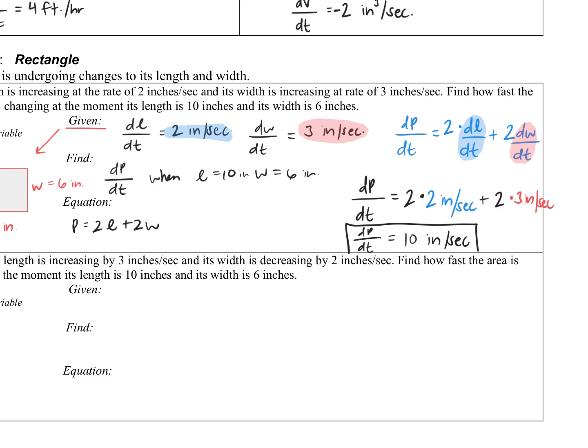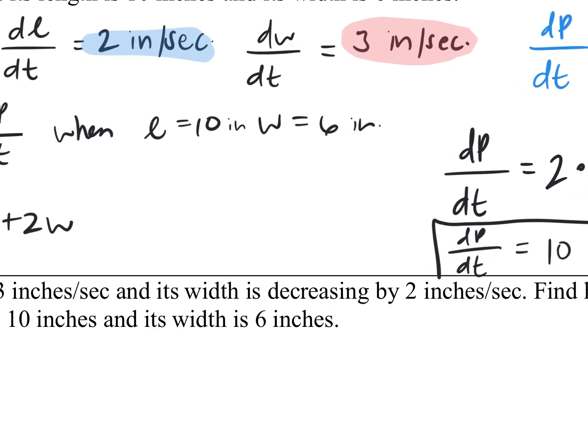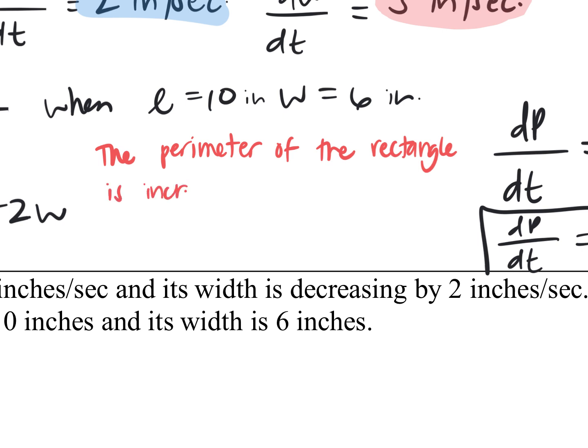You don't have to write this out every single time, but just so that you know what this dP/dt stands for, I'm going to write this out here. So I've got the perimeter of the rectangle is increasing at a rate of 10 inches per second.